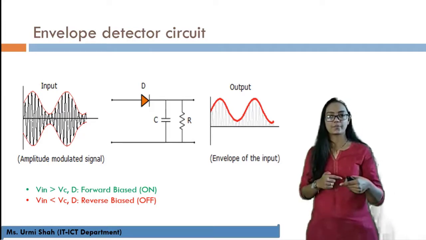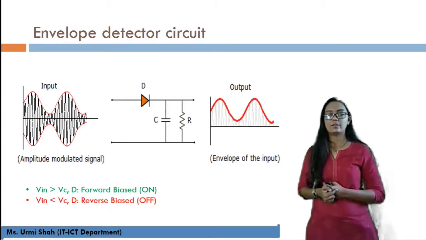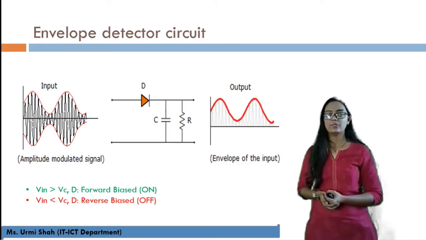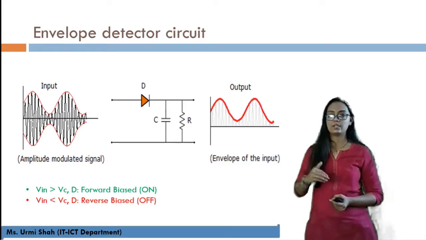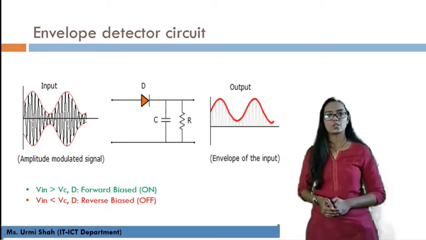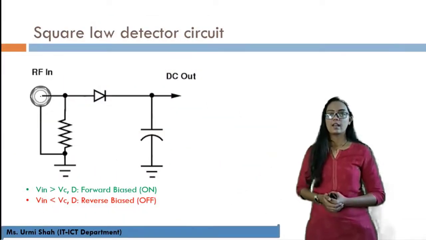Whenever the diode is on, the capacitor will charge and the message signal will be retrieved, and whenever the diode is off, the capacitor will discharge and the negative half of the message signal will be retrieved. So this way the output of the demodulator circuit is achieved using the envelope detector circuit.